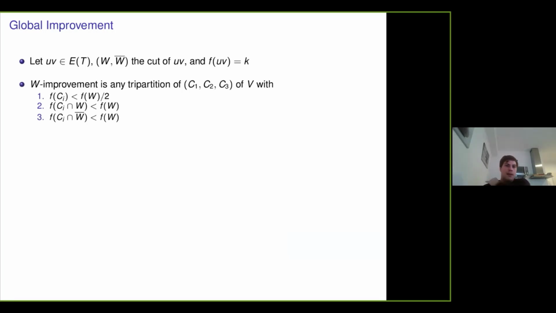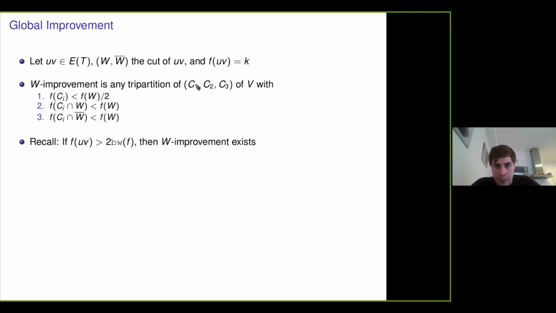And then we say a W improvement is any tripartition of V satisfying this thing that was guaranteed by the previous theorem. So we know that if f of UV is large, then a W improvement exists by the theorem of the previous slide.